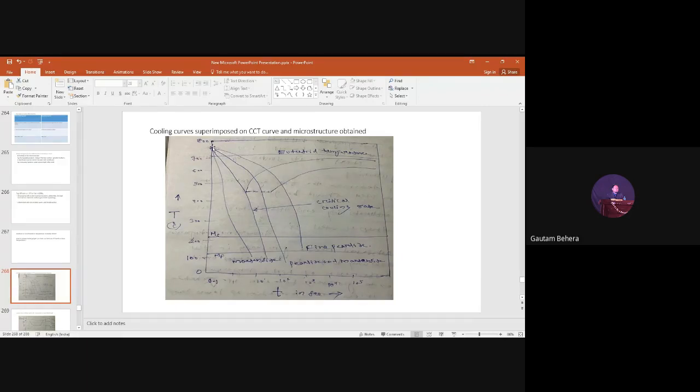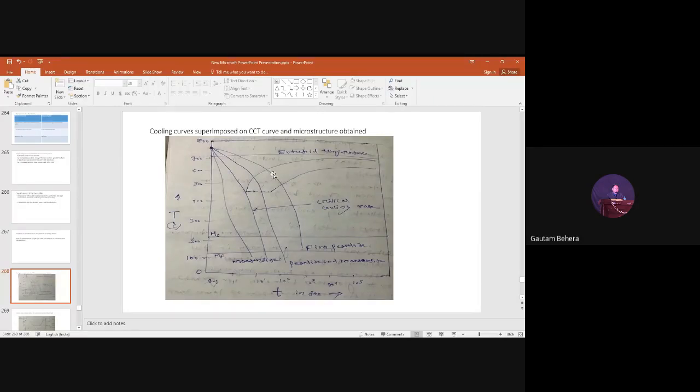Okay, anyways, let me explain. See, the cooling curve is moving like this and it is touching curve 1 and again it is touching curve 2. Listen carefully. This cooling curve is starting from here, but it is touching this one and it is also touching this. So this curve is nothing but the transformation start curve, right? So the moment it is cooling like this and touching this one, austenite will transform into perlite, right?